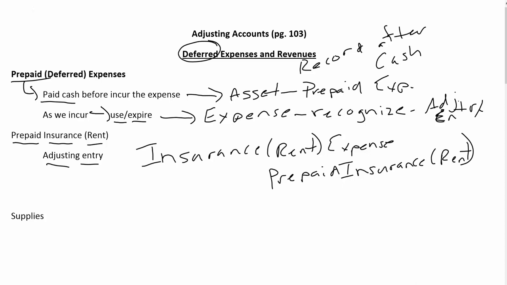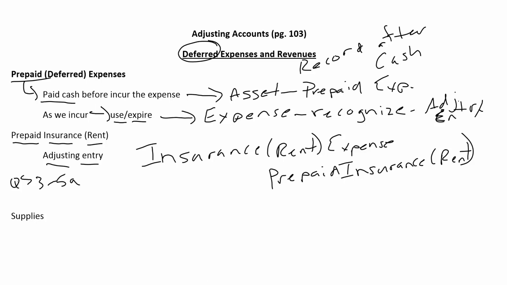And so if you look in your book at Quick Study 3-5A, and that's on page 126, they say the prepaid insurance account had a $4,700 debit balance to start the year. And so a review of the insurance policies and payments shows that $900 of unexpired insurance remains at the end of the year.